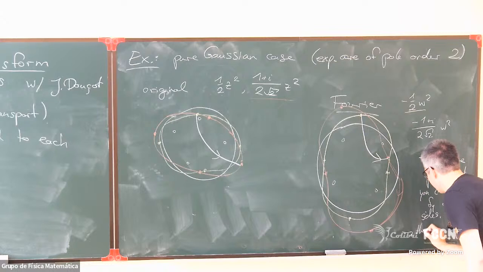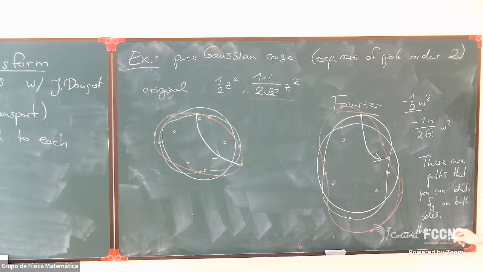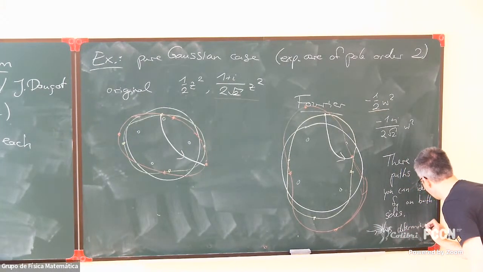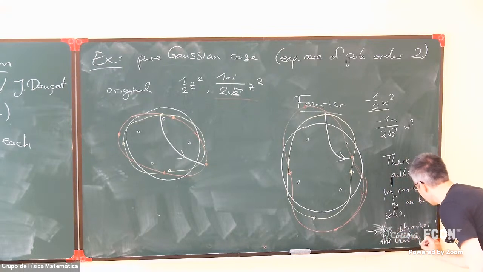And this collection of paths, I haven't drawn all of them, determines the local system and hence all the Stokes data.